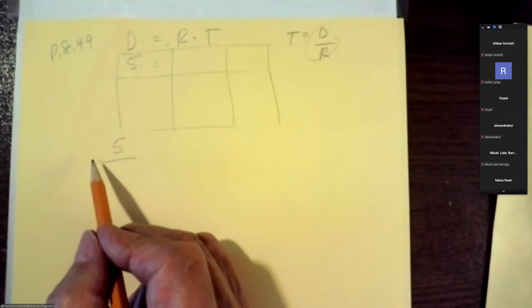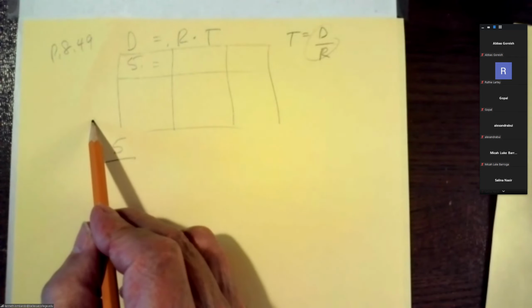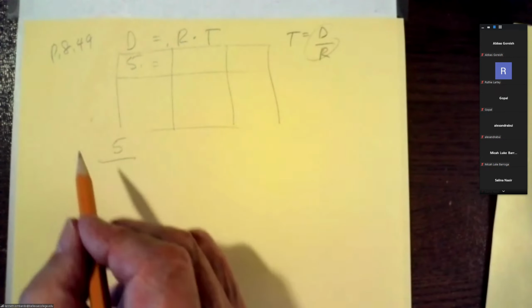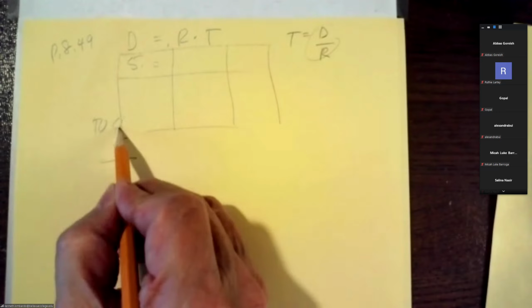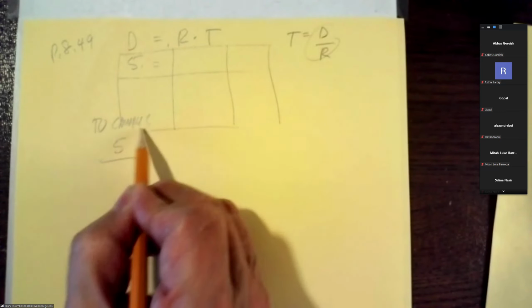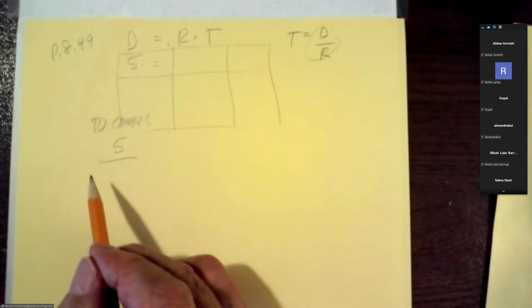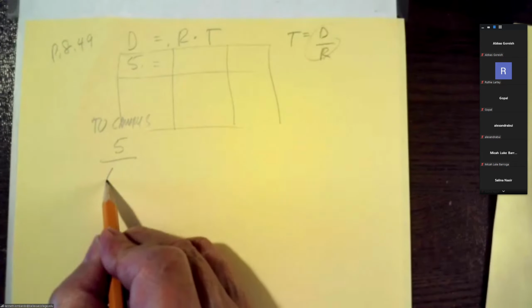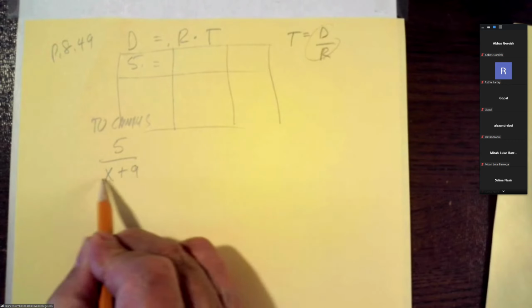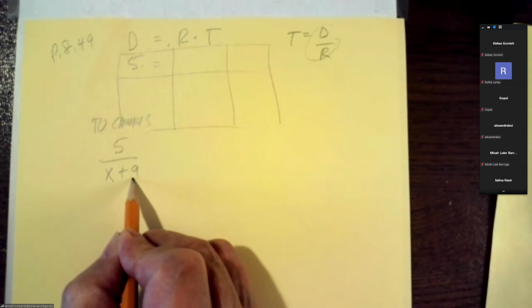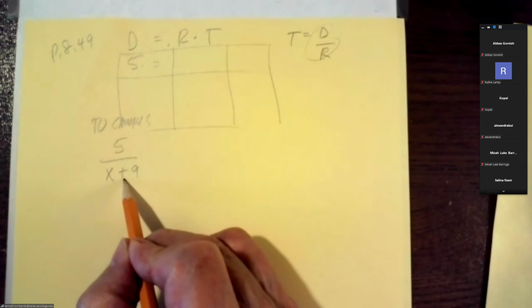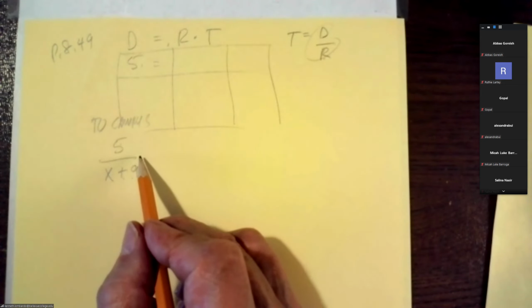When it's 9 miles an hour faster going down, going to campus, the rate is 9 miles an hour faster. We don't know what your rate is, but whatever it is, it's x plus 9 miles an hour faster. That's time going to campus.